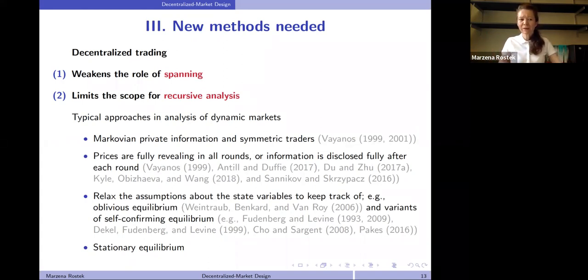Right, so what other methods could we use for policy evaluation? It is unlikely that in the study of decentralized markets, we will be able to rely on some decentralized market counterparts of state contingent pricing.